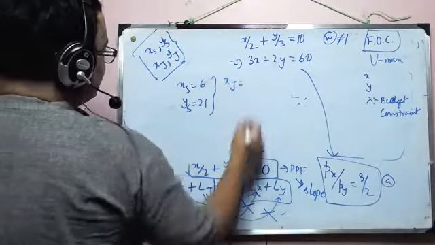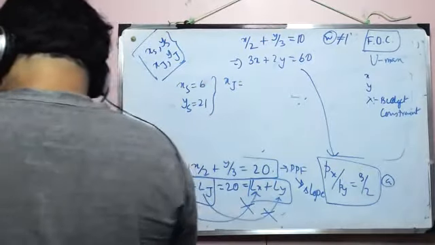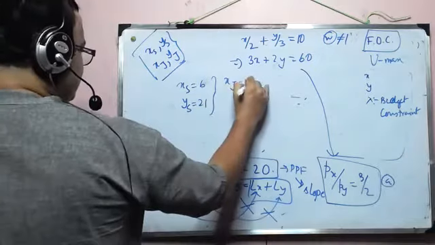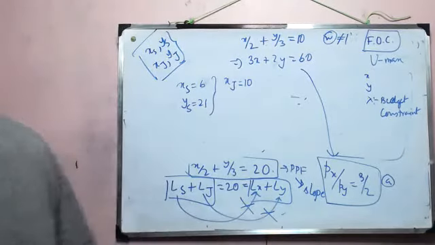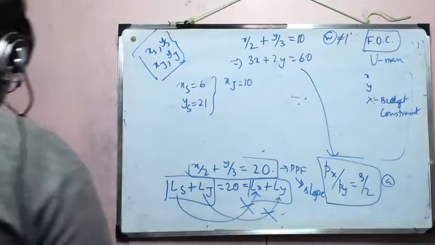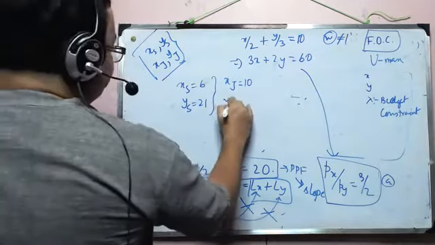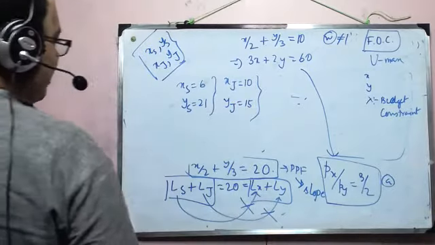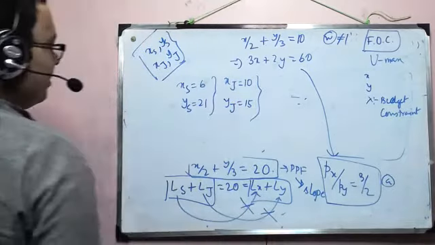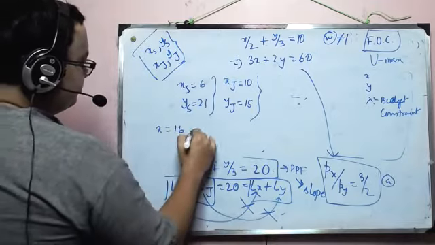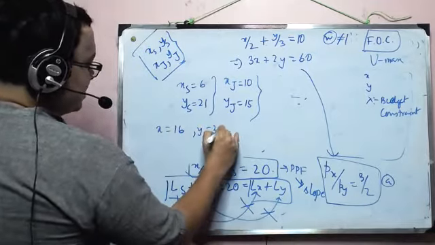For Jones, this is 10, and this is 15. Okay, so now what is the total amount of x that is needed? That's 16. And y, that is 36.